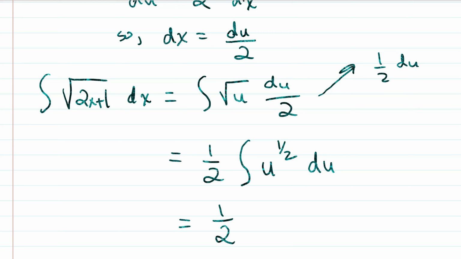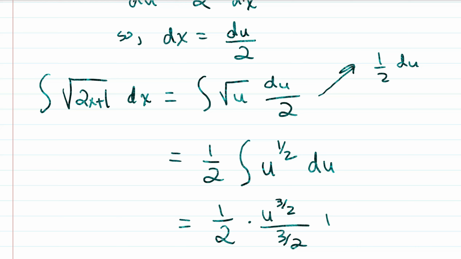So from this point on, you can go ahead and use those antiderivative formulas that you were given, and you would say this becomes u to the 1/2 plus 1, which should get us 3/2, over 3/2 as well, based on the antiderivative formula for this.